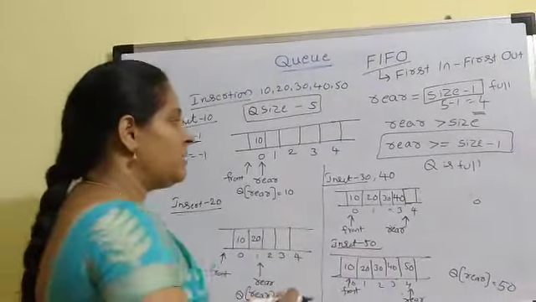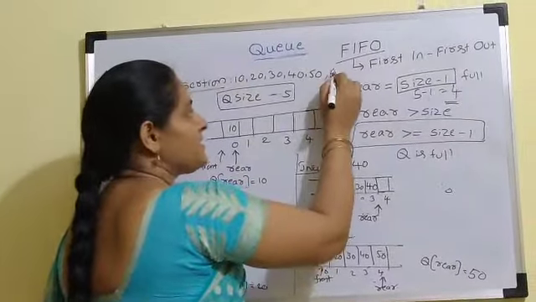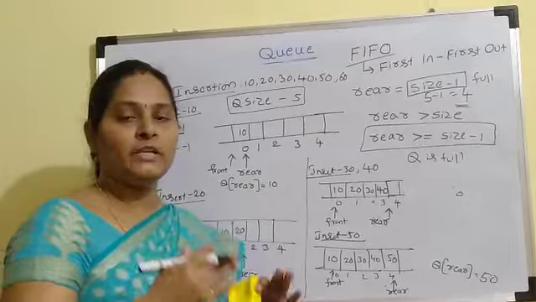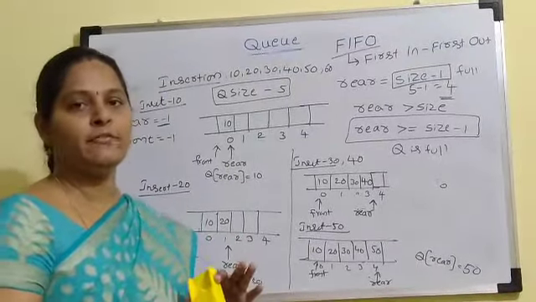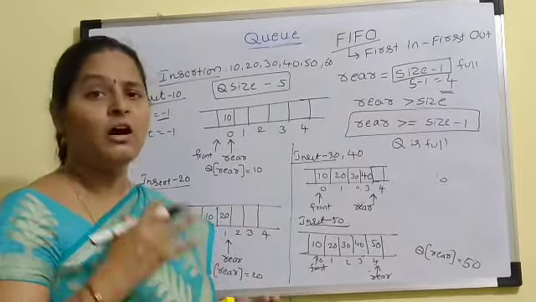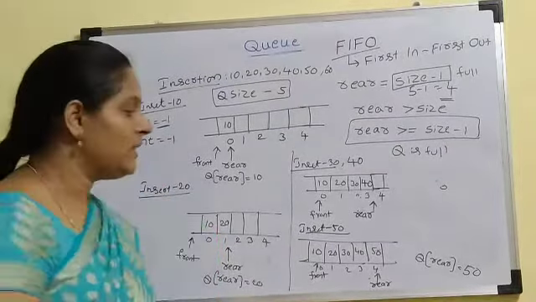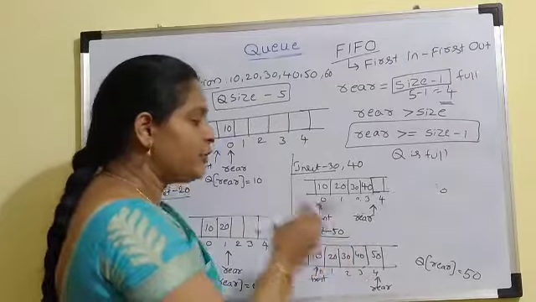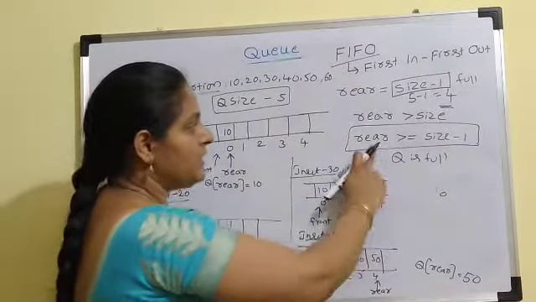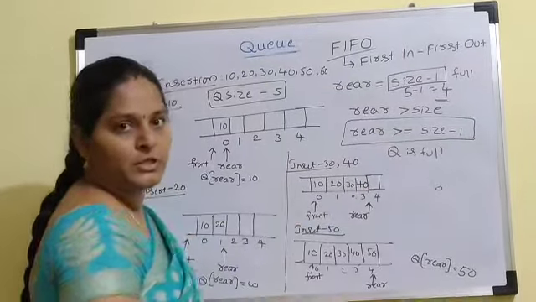Right? Now try to insert one more element, 60. Here also, before inserting every element, we need to verify whether the queue contains some empty locations or not, whether the queue is full or not. How to check the condition? If this condition is met, that indicates that the queue is full.